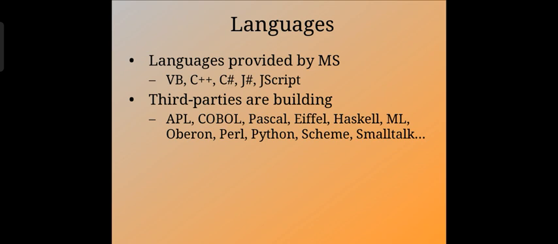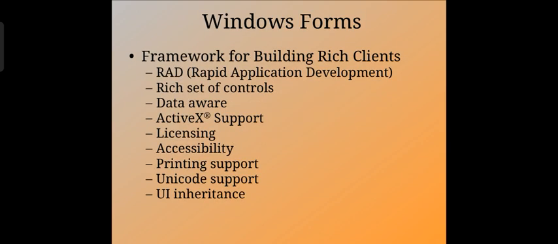What are the other third-party languages we can use in our .NET technologies? APL, COBOL, Pascal, EFL, Haskell, machine language, Perl, Python, etc. So these are the Windows Forms framework features for rich clients.